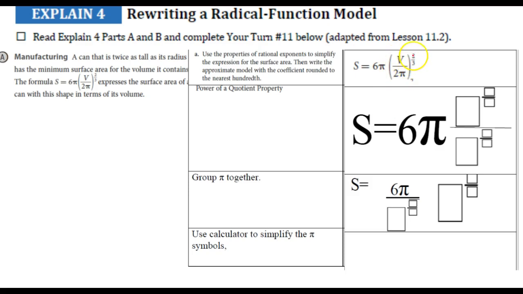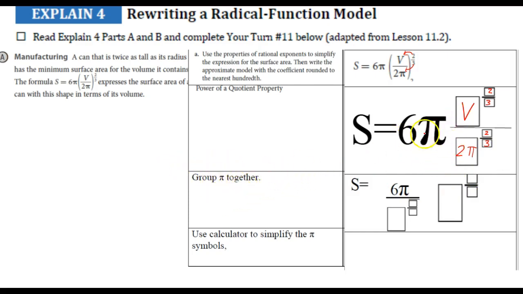The first thing we're going to do is distribute that exponent to what is inside. So V is going to get its own 2/3 power, and 2 pi will get its own 2/3 power as well. The next thing we're going to do is group together our pi symbols.